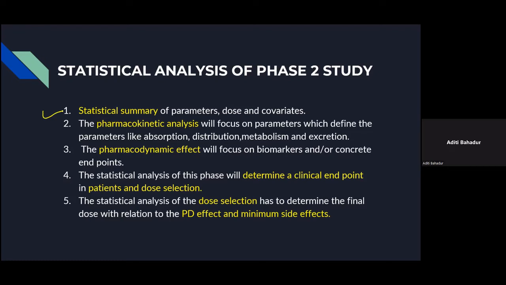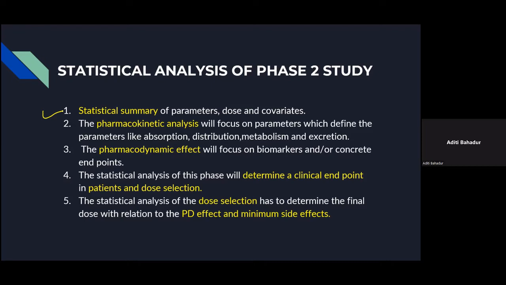For example, maybe they could be cancer patients, but they have compromised renal function and other problems. So we expect that our data will be nothing like the data of healthy subjects. So we have to repeat the statistical summary of different parameters, with respect to the dose, as also with respect to their own covariates.